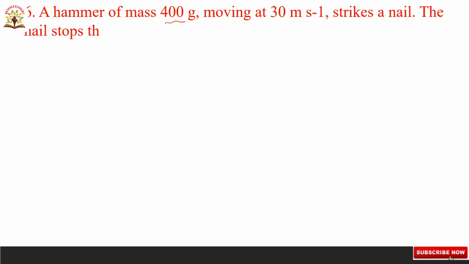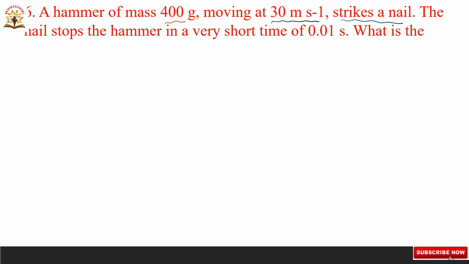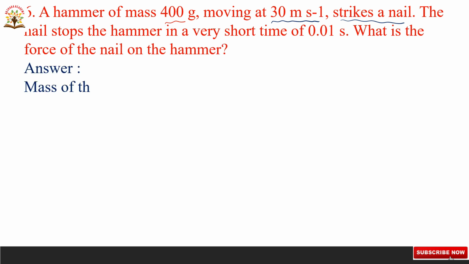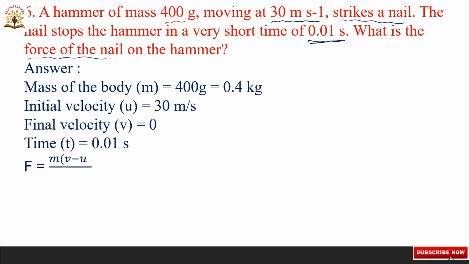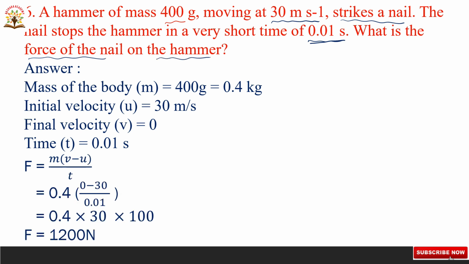A hammer of mass 400 grams is moving at 30 meters per second, strikes a nail. The nail stops the hammer in a very short time of 0.01 seconds. What is the force of the nail on the hammer? Okay. Here we have to calculate the force of the nail on the hammer.